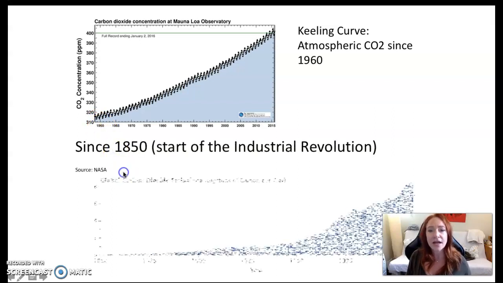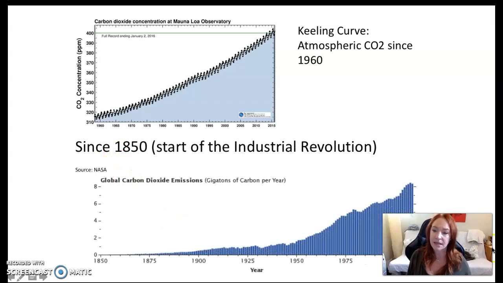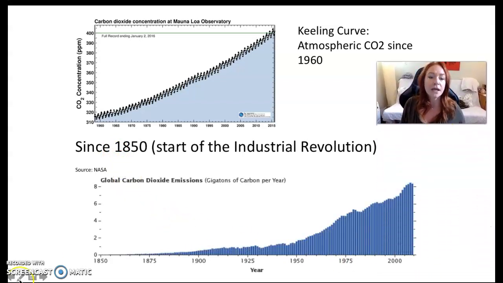All right, let's stretch that out a little bit. So this graph is atmospheric carbon dioxide data taken from trees mostly. Trees can be pretty old, and you can analyze their tissues for how much carbon dioxide was in the atmosphere when they were building those tissues. And what scientists saw is that the year 1850 was when the Industrial Revolution started.